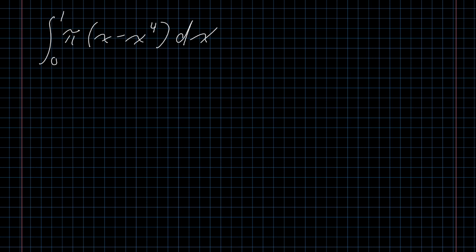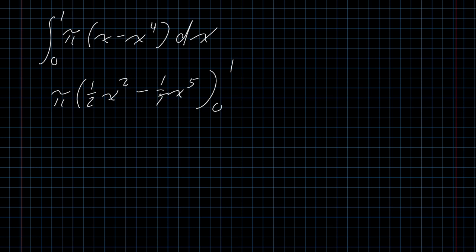We absolutely can evaluate this by hand. Right, the pi is just a constant. We can kind of ignore it. Integral of x is 1/2 x squared. Integral of x to the fourth is 1/5 x to the fifth.